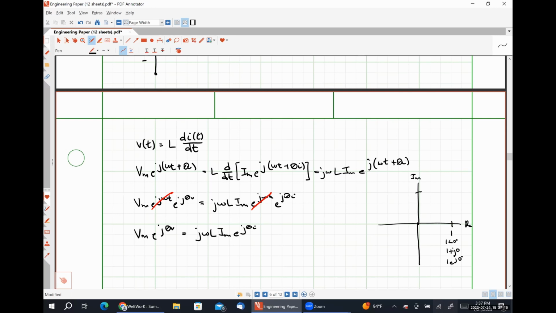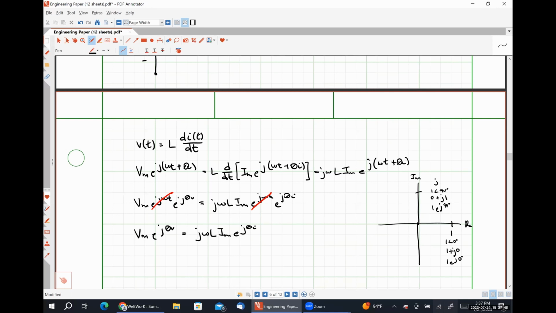Well, if I go up 1 unit in the imaginary direction, commonly called j, this would be 1 angle positive 90 degrees as a polar form complex number. It would be 0 plus j1 as a rectangular number, and it would be 1 e to the j 90 degrees as an exponential form complex number.